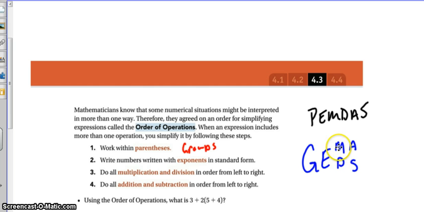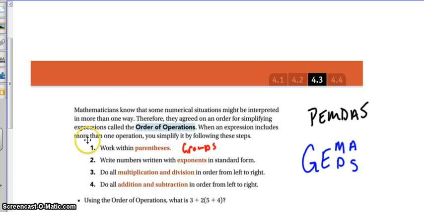So these are done at the same time, and then finally we do the addition and subtraction in the order that they appear from left to right. So we still have an acronym for it. We just reorganized it a little bit so that you can see that there are 4 steps instead of what looks to be like 6.